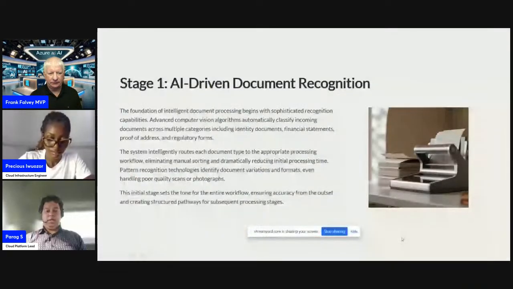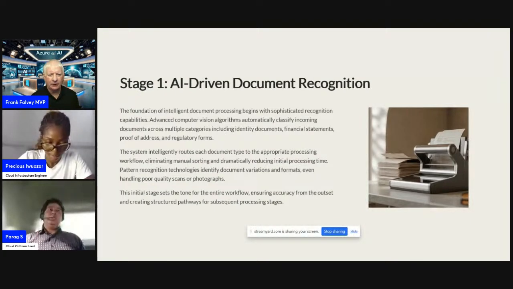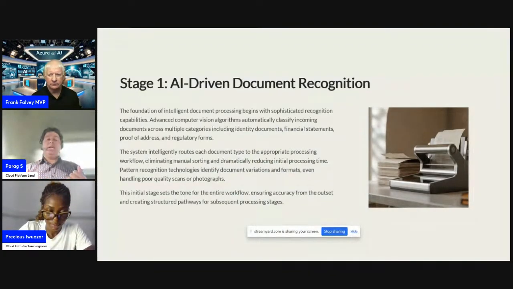Yeah, sorry about that. Let me explain stage one again. Stage one in this framework is AI-driven document recognition. The foundation of intelligent document processing begins with sophisticated recognition capabilities. Advanced computer vision algorithms automatically classify incoming documents across multiple categories, including identity documents, financial statements, proof of address, other regulatory forms, etc. This also helps make sure all the required documents are in place for that particular application, whether it is account opening or loan processing.